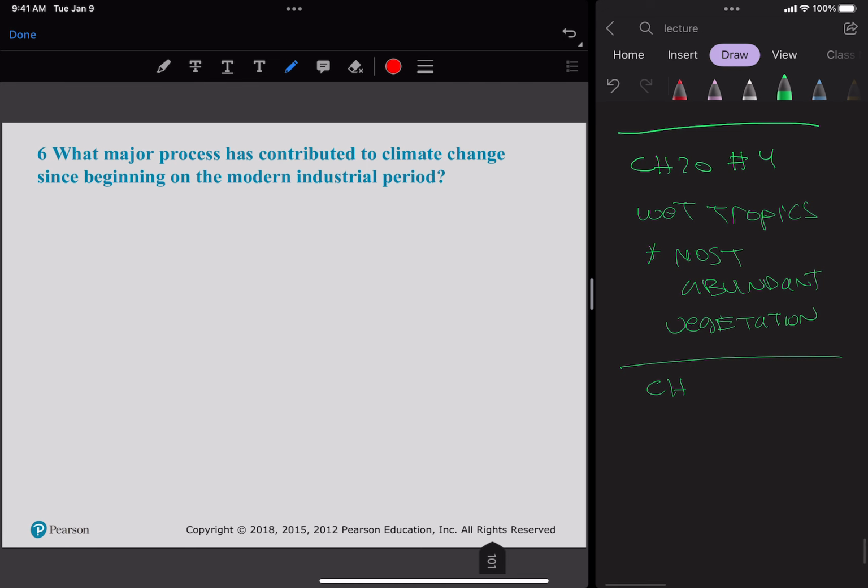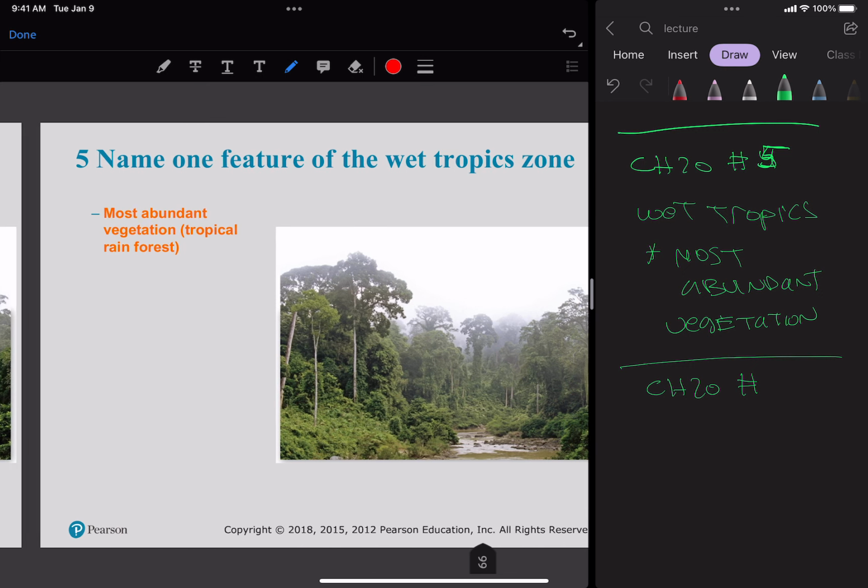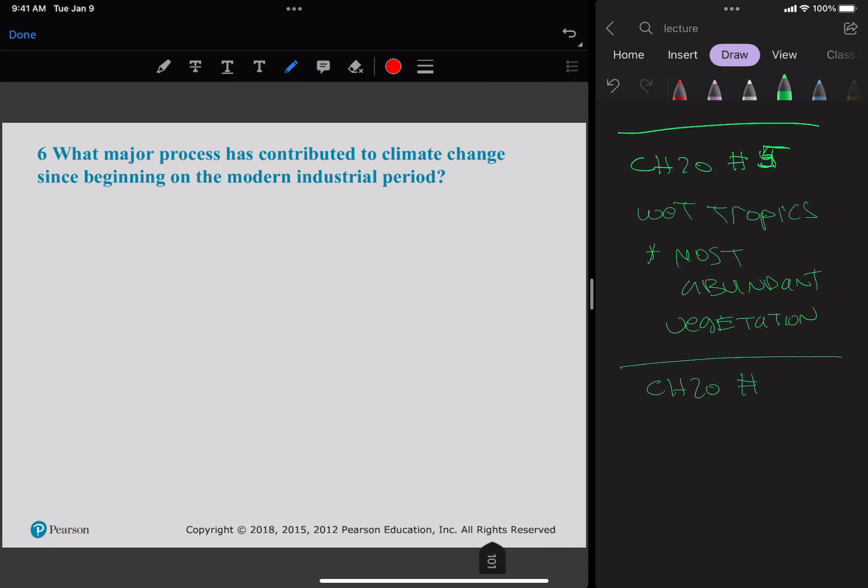Okay, chapter 20, number 5. Excuse me. This was number 5. Okay, chapter 20, number 6. What major process has contributed to climate change since the beginning of the modern industrial period?